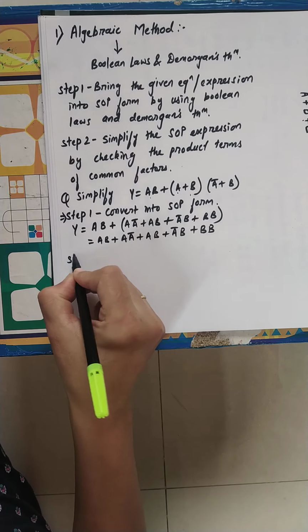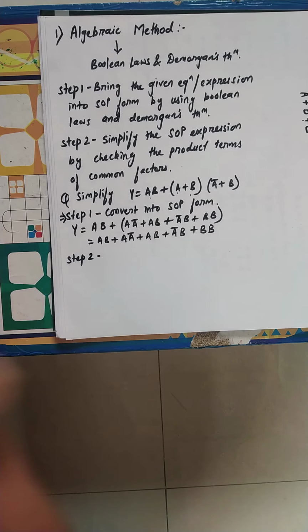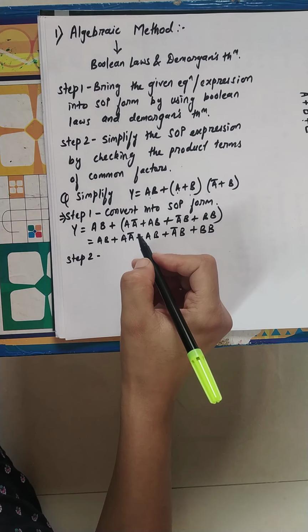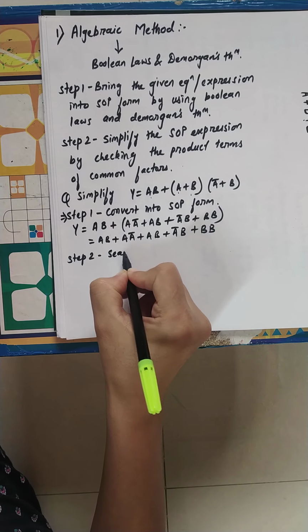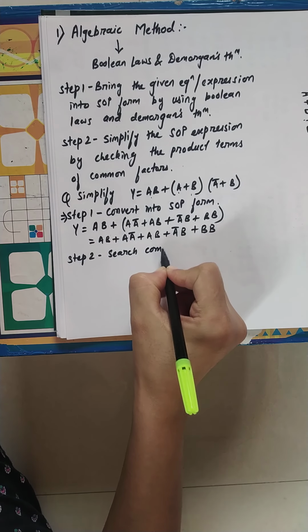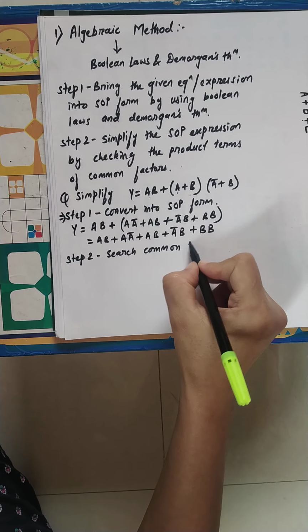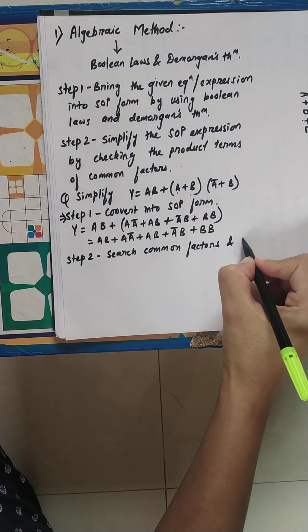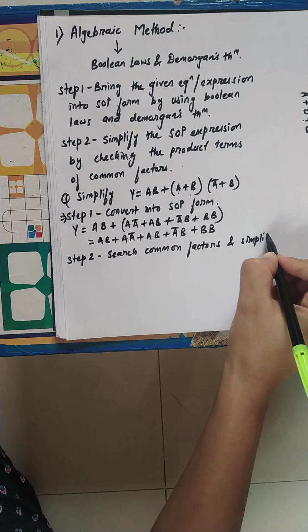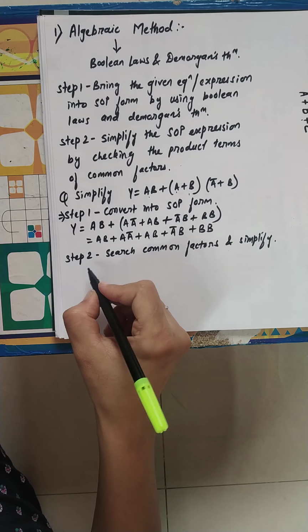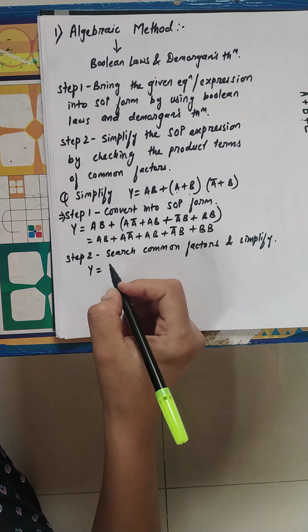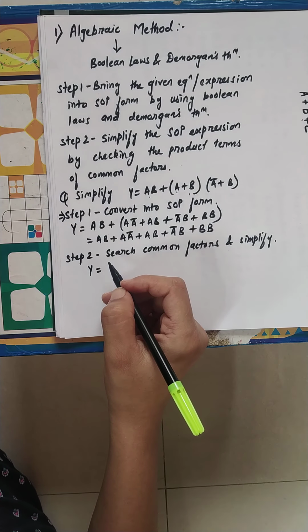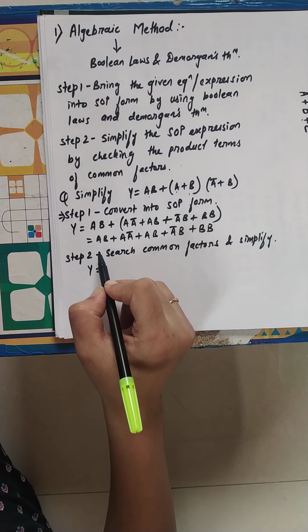Now step 2, I have to search for common factors and simplify it. So now, Y equals, I'll write the common factors together.